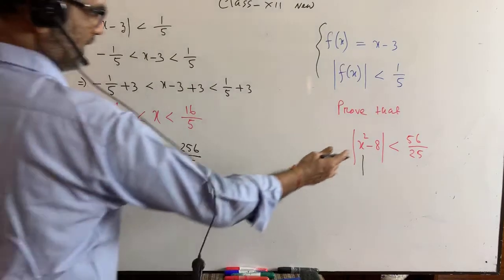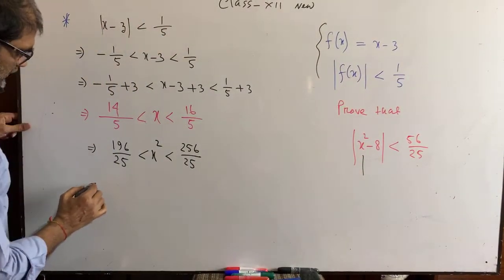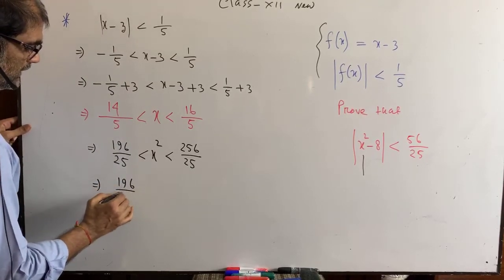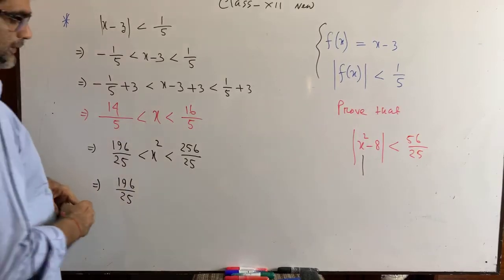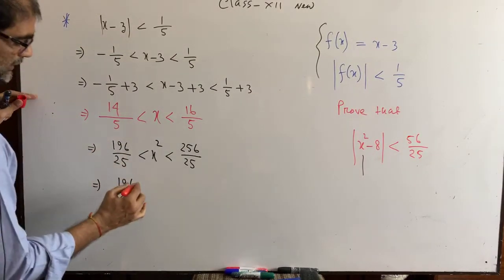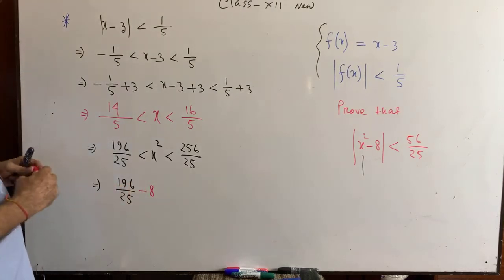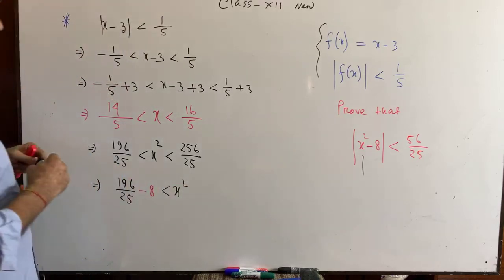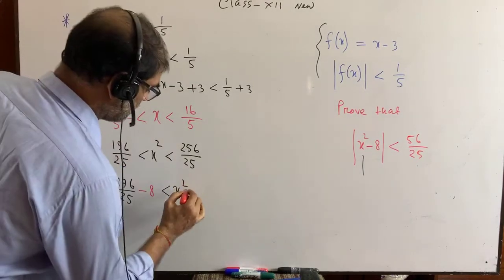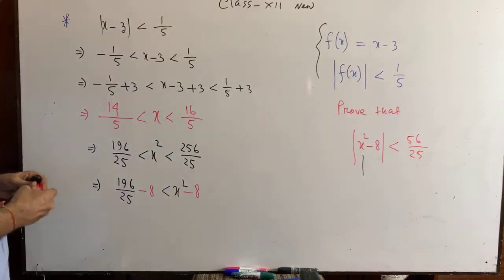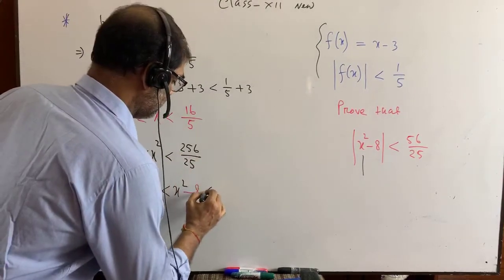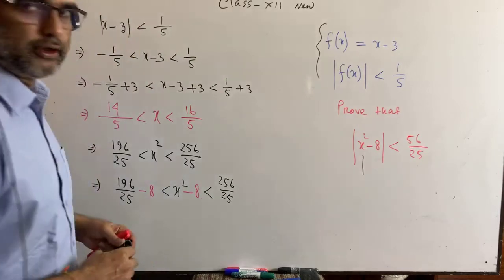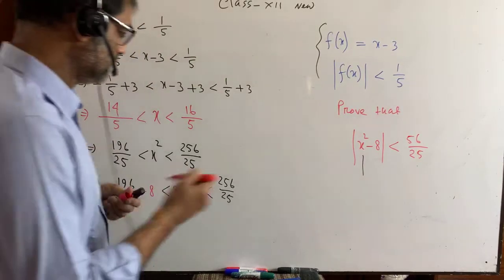You see there is minus 8. Very good, we subtract 8. So we are getting 196/25 minus 8 less than x squared minus 8 less than 256/25 minus 8.